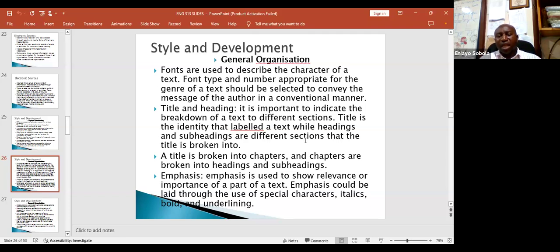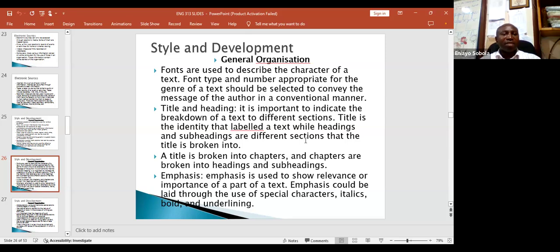Some may be 10, if it's not big, but 10 may be too tiny, and 14 is too big. So you need to choose the appropriate fonts that will bring out the beauty of your book, that will not ridicule everything you have done on it. So fonts have to be chosen professionally, the font type and the font size.